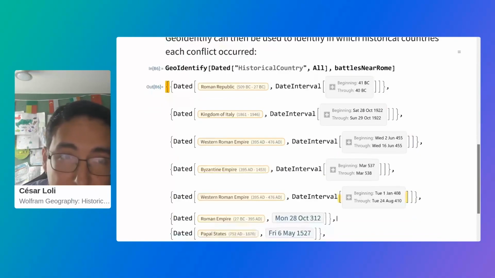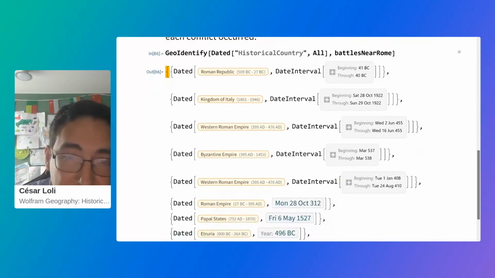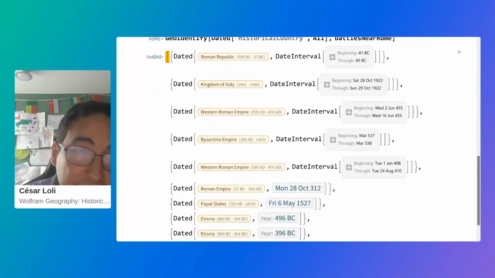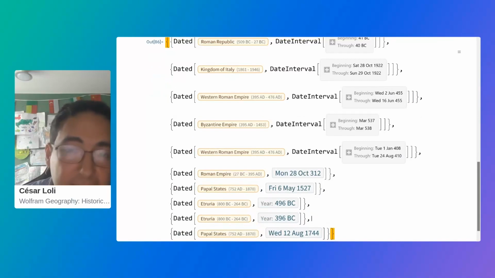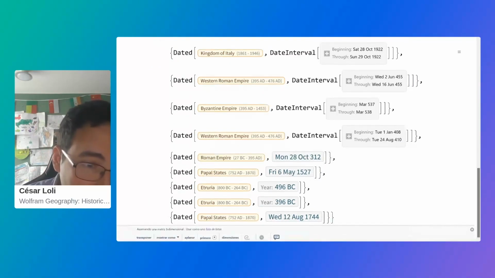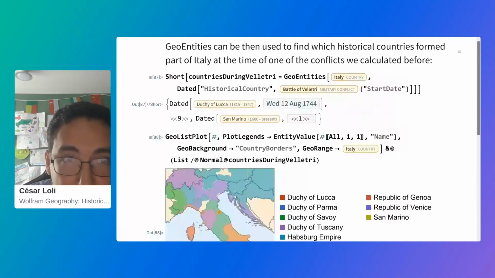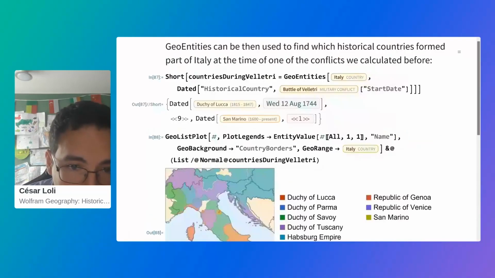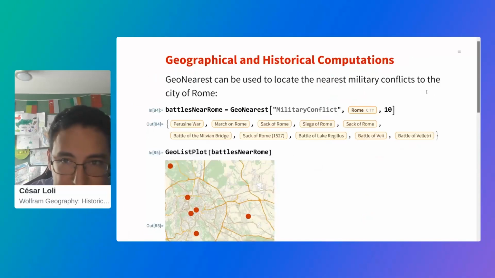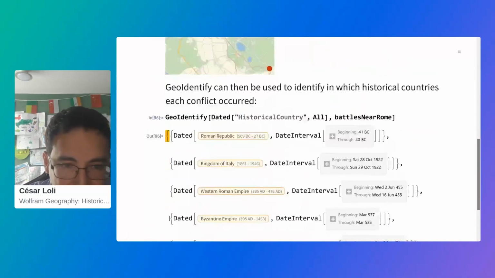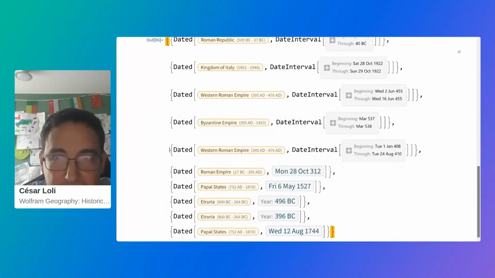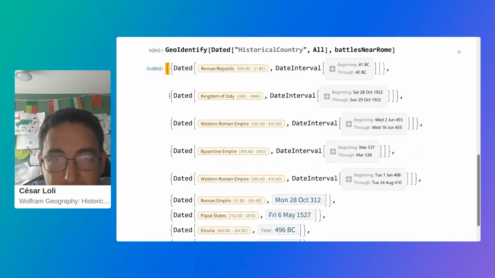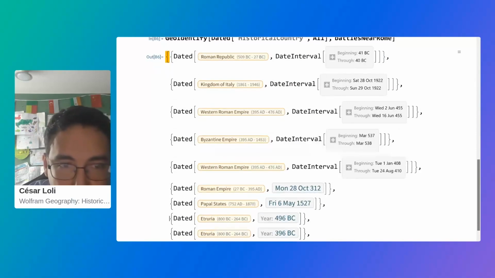And so the function is searching in the database for those entities that, at the time of the conflict, contained the position of the conflict. In here, then, we can see how the different military conflicts are aligned to different historical countries across time.